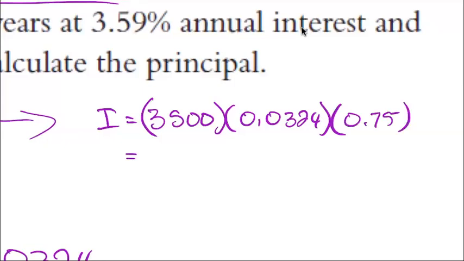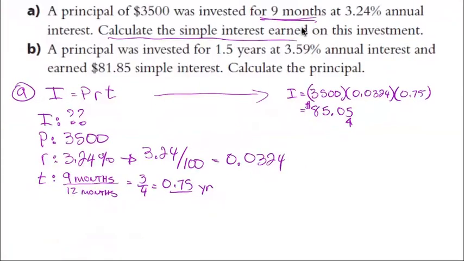Punch that into your handy dandy calculator, you get a value of $85.05. It is imperative that we are always rounding to 2 decimal points. We're talking about money. With money, we go to the nearest penny. Simple interest.